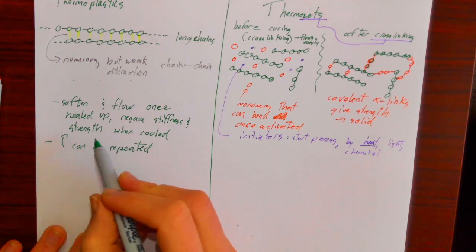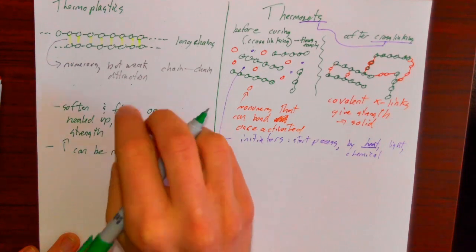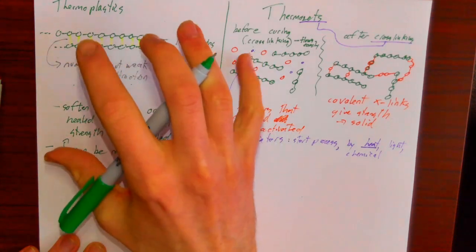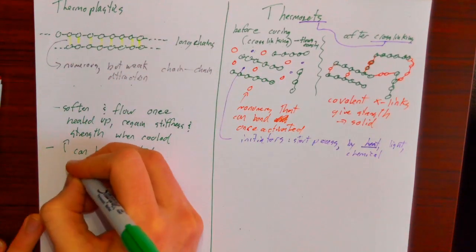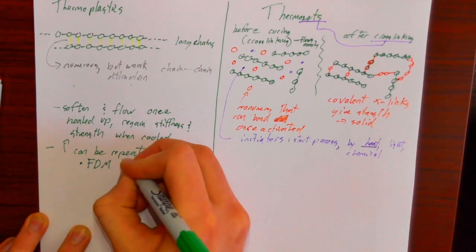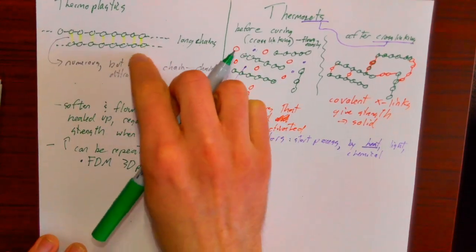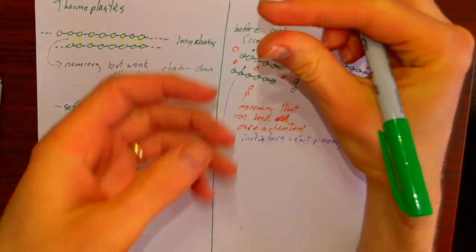And that's nice. For example, this process of basically softening and then reforming their structure has certain applications. For example, FDM 3D printing. You basically buy a spool of some thermoplastic.